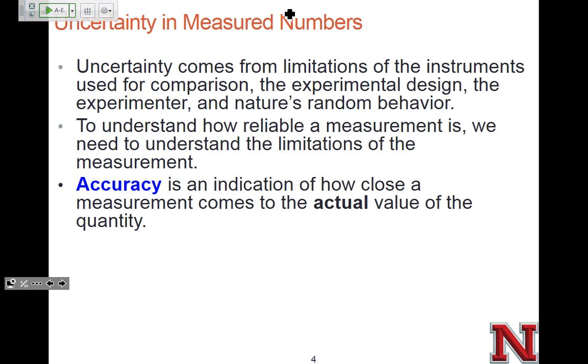And then we also need to understand our difference between accuracy and precision. So accuracy is how close our measured value is to the actual value of the quantity.